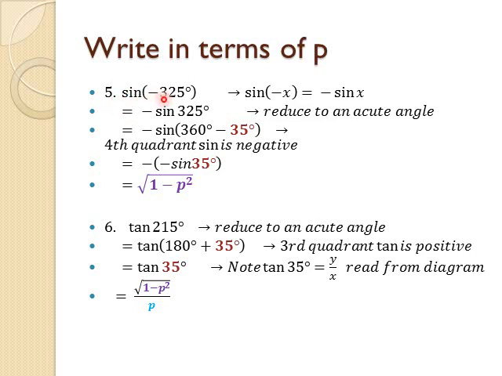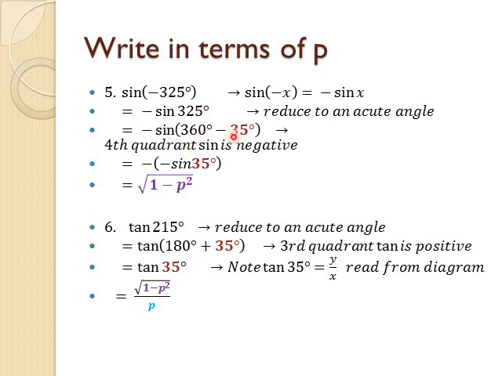So there I have sine minus 325. Because it's a negative angle, I take it as all negative angles being in the fourth quadrant. So in the fourth quadrant, sine is negative. So that becomes negative sine 325. Again, to solve, I must introduce 35, because cos 35 equals P. So 360 minus 35 gives me 325.